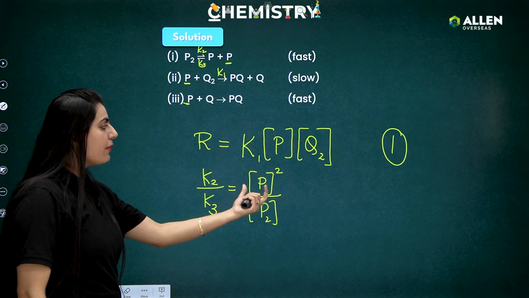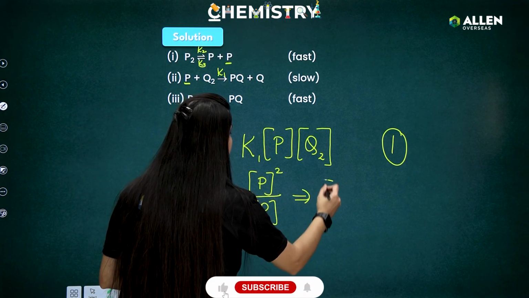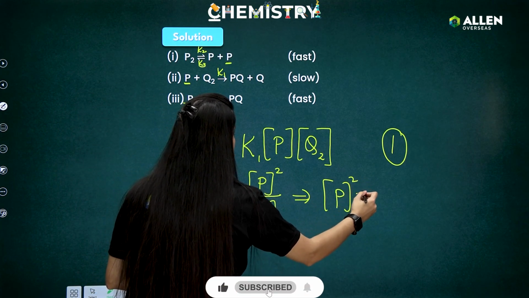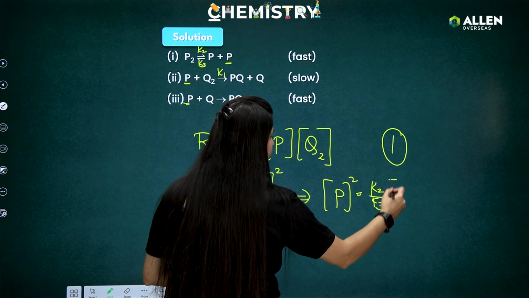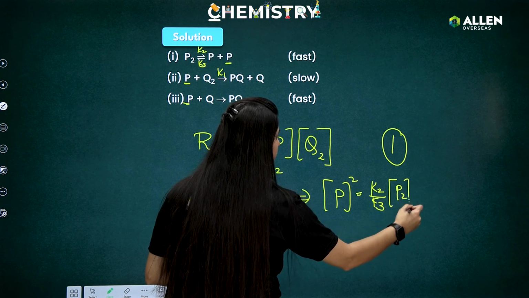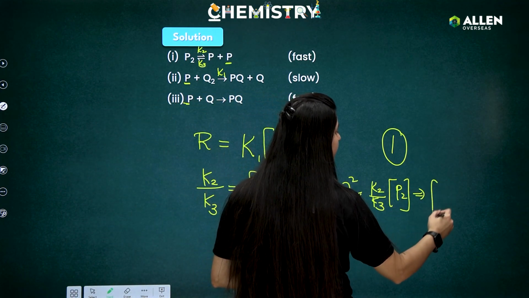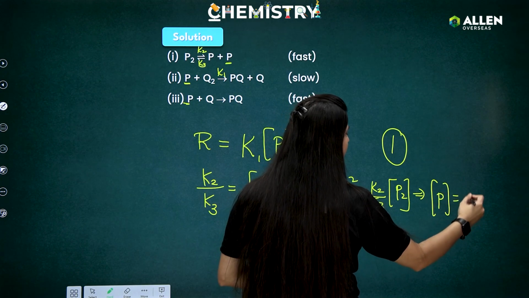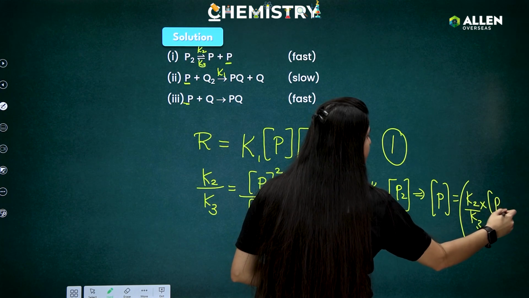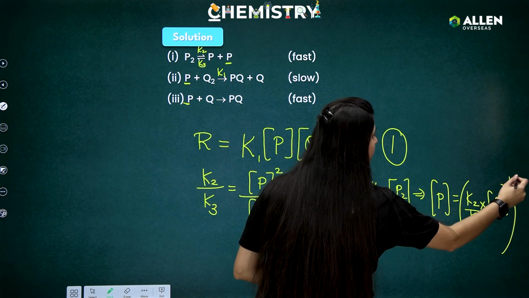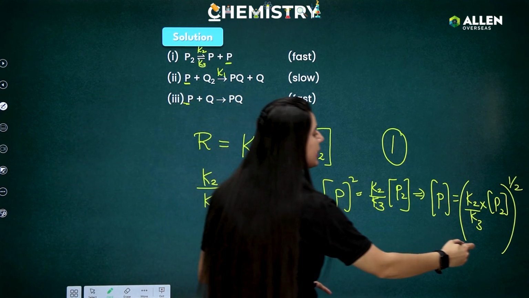Now, if I find the value of P from here, what I'll be getting? P square is coming as K2 by K3 into the concentration of P2. Therefore, I can say that the concentration of P is coming as square root of K2 by K3 into the concentration of P2. Now, finally, I got my value of P. Let me mark it as 2.